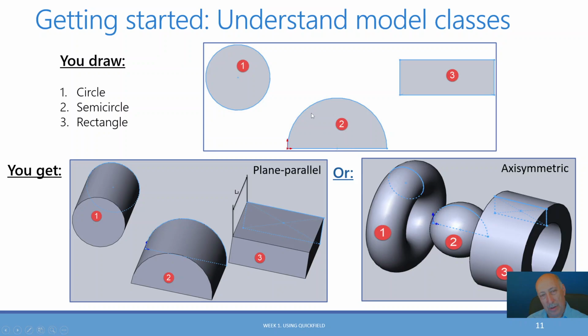Our semicircle, no, it is a special semicircle near the coordinate axis, becomes a sphere, a ball. And our rectangle is a hollow cylinder. Well, I think it is clear, it is more or less intuitive, but please keep it in mind.